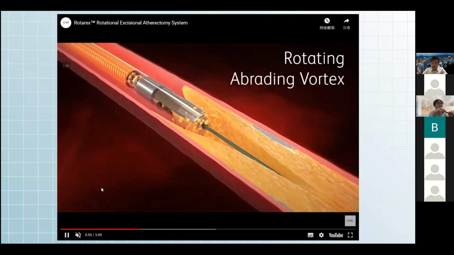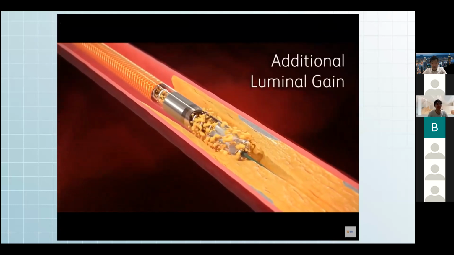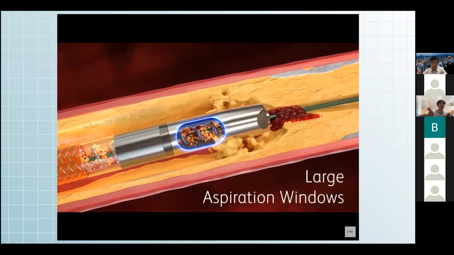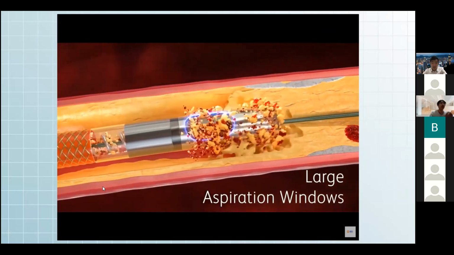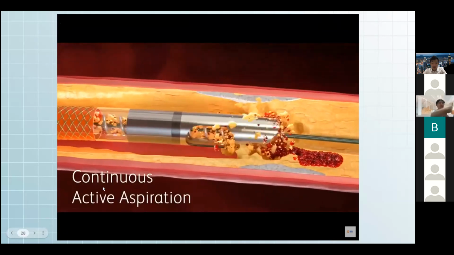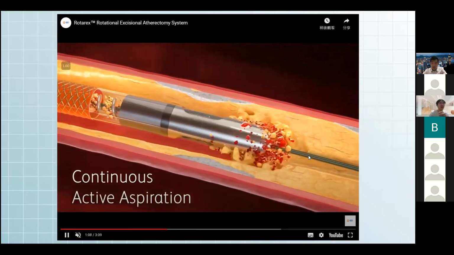So essentially, you can see that it uses a vortex structure similar to that of toilets, basically. So you use that as a drill to actually extract the atherosclerotic plaque in this case, as well as the thrombus, which is represented by the red stuff that you can see.